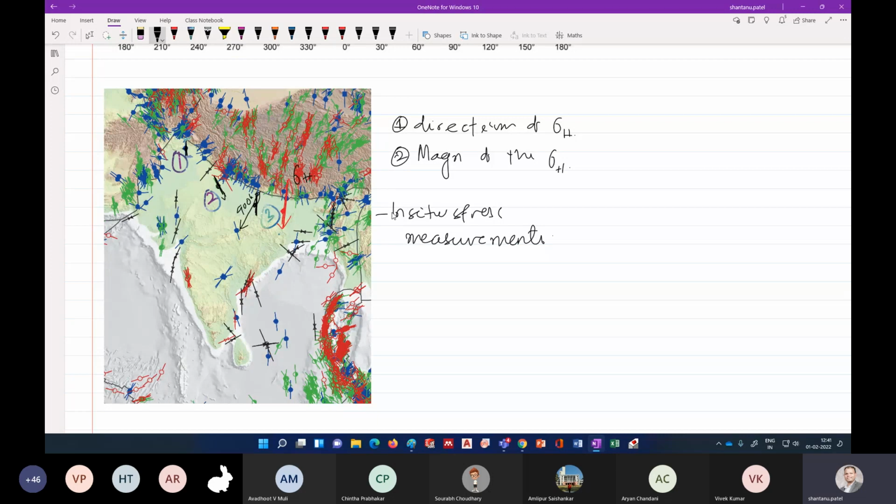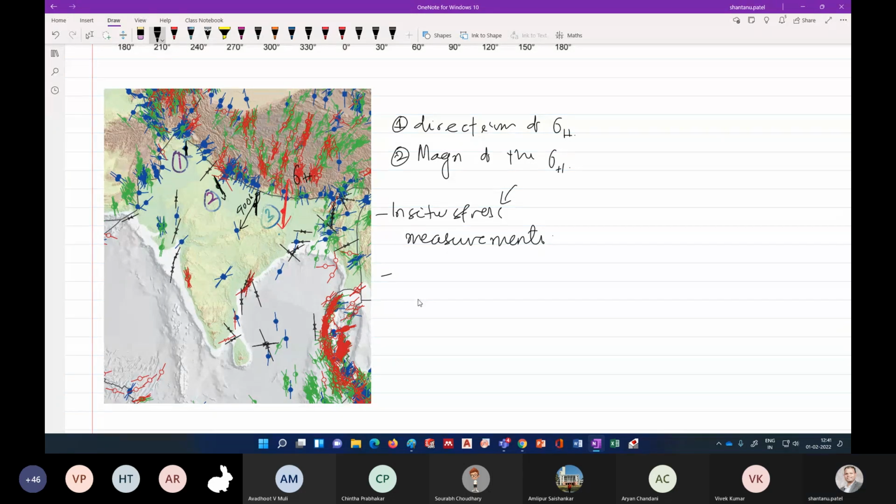Like we do our geological surveys, or the site inspection we were talking about, on top of that we need to do in situ stress measurement in different locations. Anybody has any question up to here?